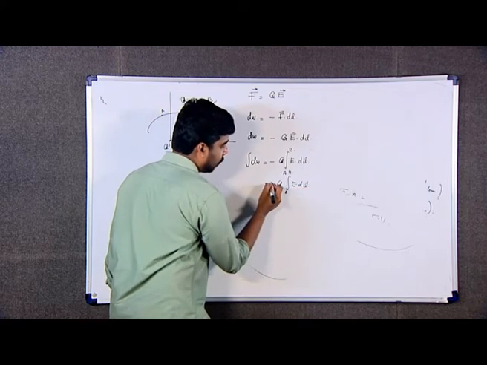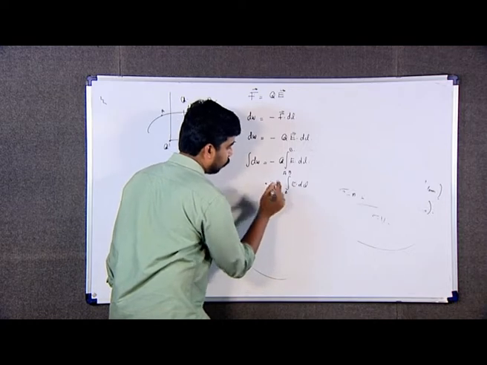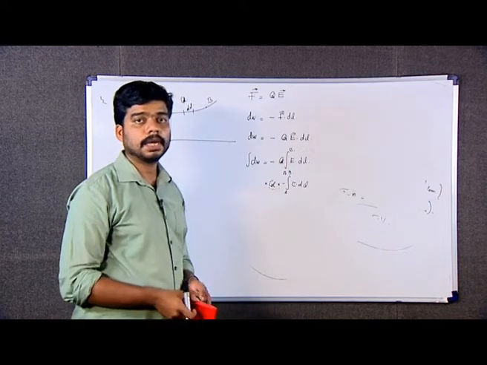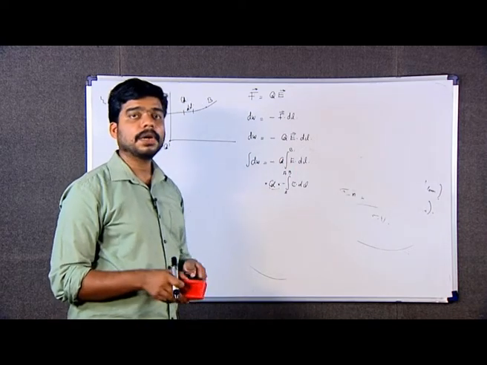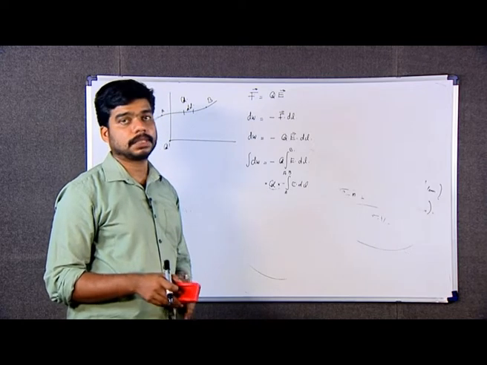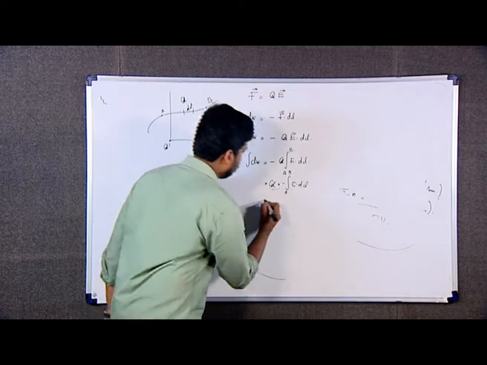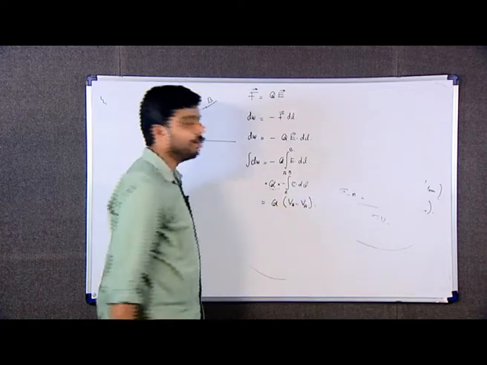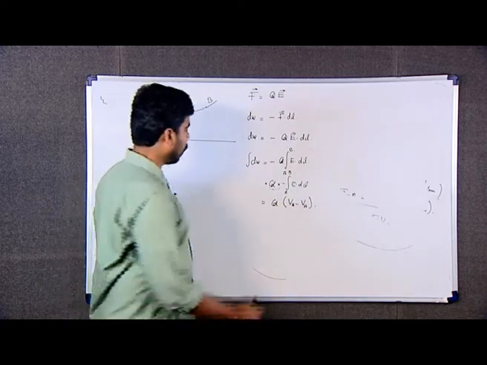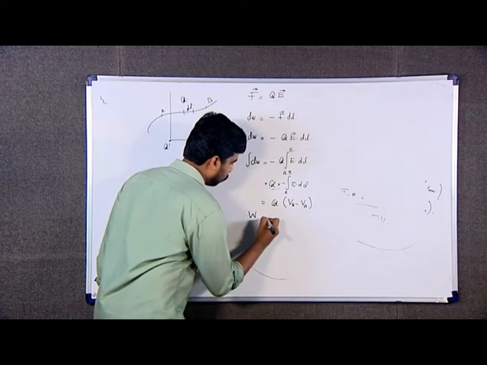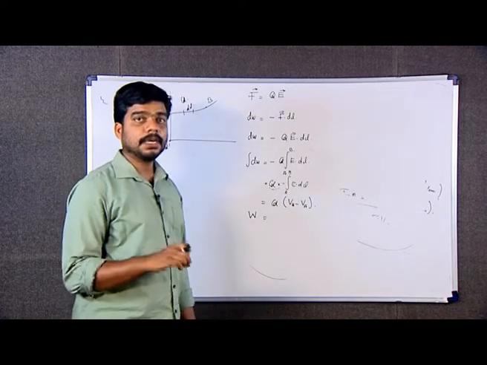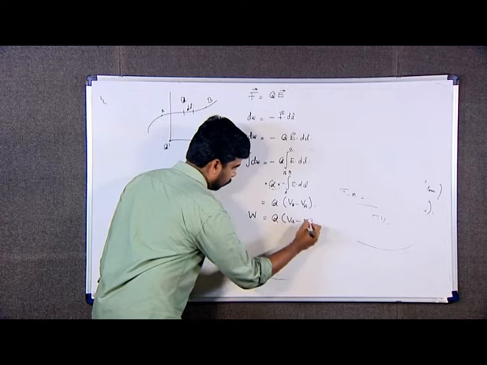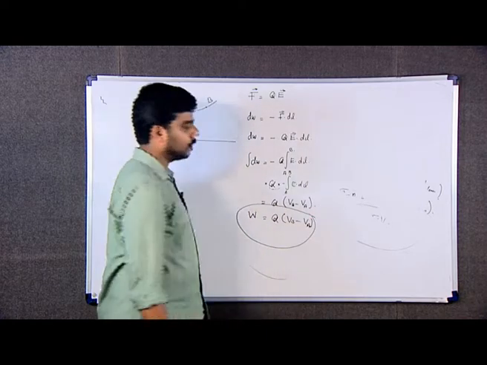I am taking this Q here and putting this minus here. What is minus integral A to B E dot dl? Minus integral A to B E dot dl is nothing but the potential difference. So, I can write it as Q into Vb minus Va. In general, the work done in moving a charge Q in an electric field is nothing but Q into Vb minus Va, where Vb minus Va is the potential difference at those points.